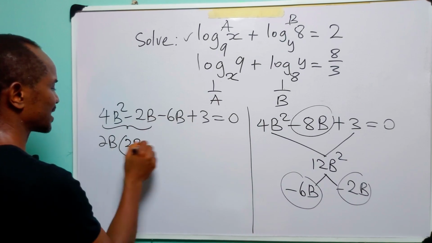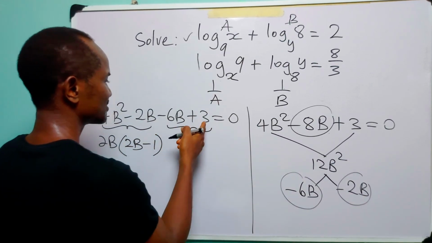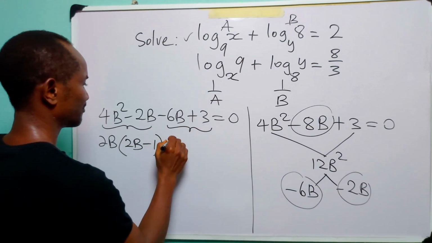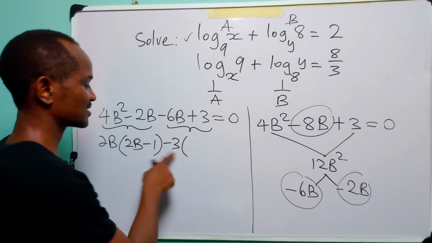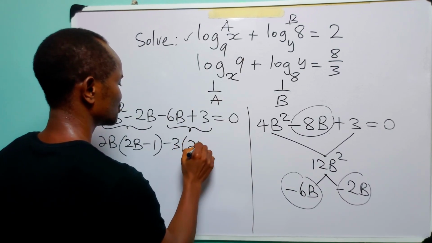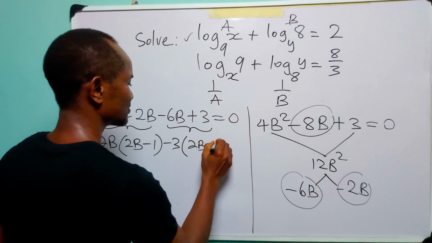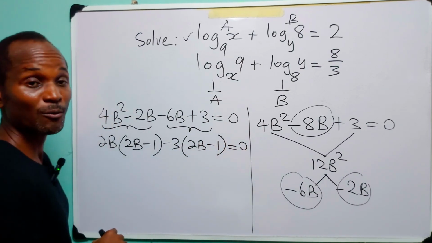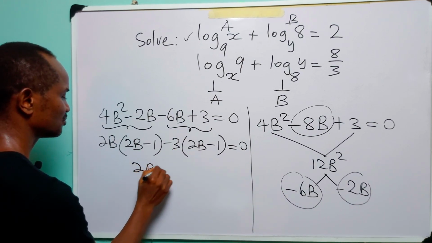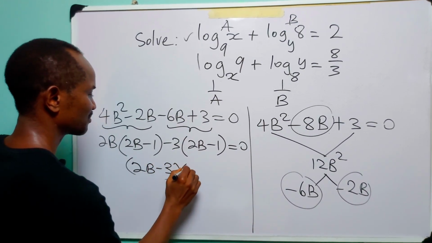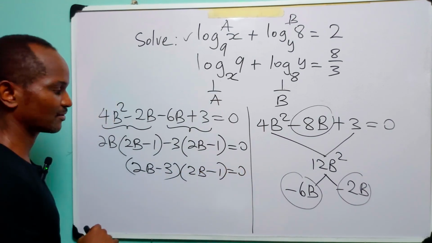Minus 2b divided by 2b is minus 1. We can divide these two by minus 3. Minus 6b divided by minus 3 is going to give us 2b. And plus 3 divided by minus 3 is going to give us minus 1. And this is equal to 0. Now we collect the factors. We have 2b minus 3 multiplied by 2b minus 1 is equal to 0.